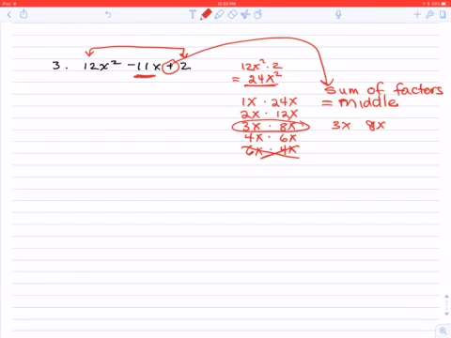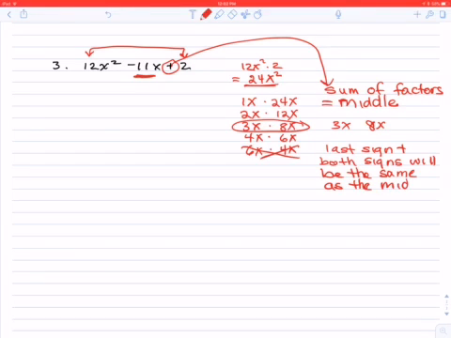Remember, if the last sign is positive, both signs will be the same as the middle. So the middle sign is negative, so both signs will be negative.